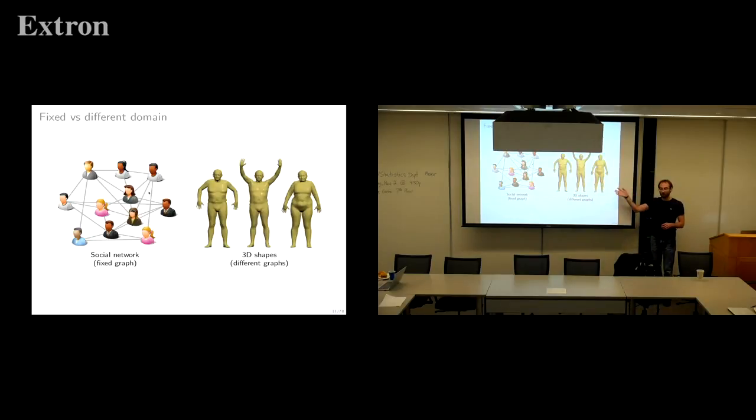So we want, for example, if we model shapes as graphs, we want to learn our models on a given set of shapes and then apply them to new previously unseen ones. So basically the underlying domain changes. Not only that it's not Euclidean, but it can also be different. It will make actually a fundamental difference in the methods that we can use.